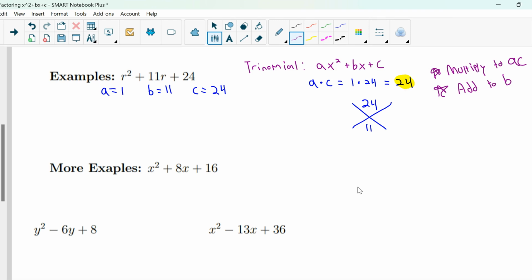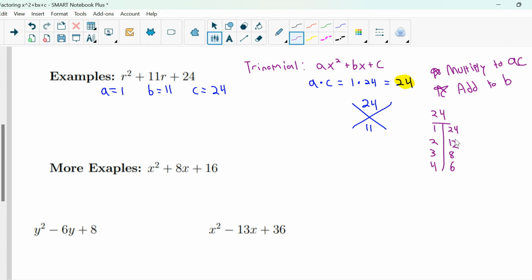So if we're struggling to think about these, let's quickly list our factors of 24. So our factors of 24 include 1 and 24, 2 and 12, 3 and 8, and 4 and 6. So let's look at our possibilities.